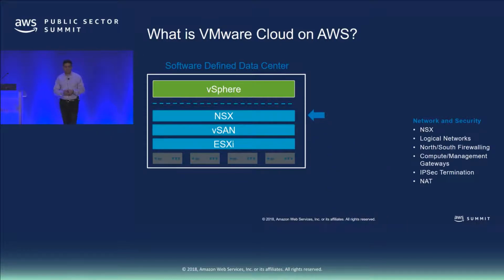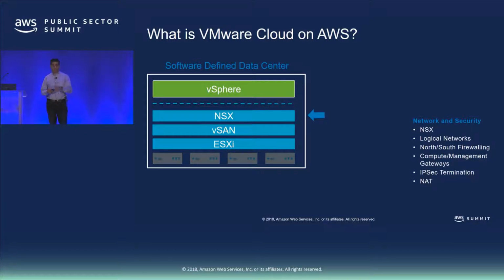NSX, as I mentioned, will be the networking platform that builds the virtual networking that enables you to do the addressing for your VMs, the connectivity between the VMs, create logical networks, IPsec tunnels, firewall policies, and NAT capabilities. All that is managed by NSX. Although ESXi is the underlay, this level of networking you're not going to see on the VPC level or on the AWS level.